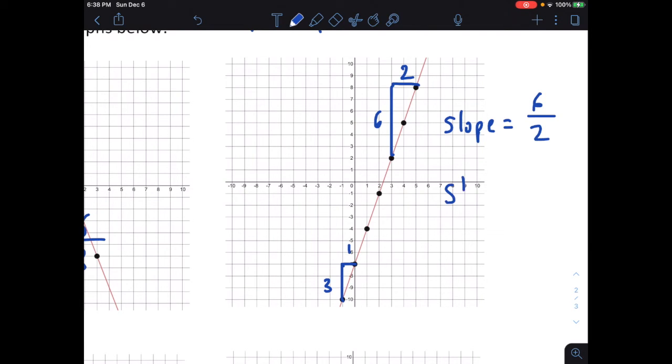Okay, so my slope is 3 over 1, and these two slopes are actually the same thing, because 6 divided by 2 is 3, 2 divided by 2 is 1. So 3 over 1 is just 6 over 2 simplified. Okay, so what I would suggest when you're doing these slopes is always pick points that are right next to each other instead of picking points where you have to skip one.